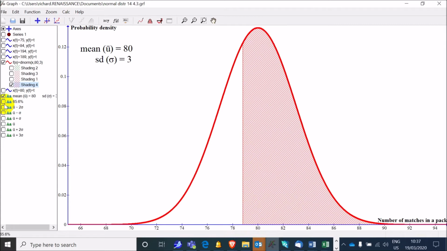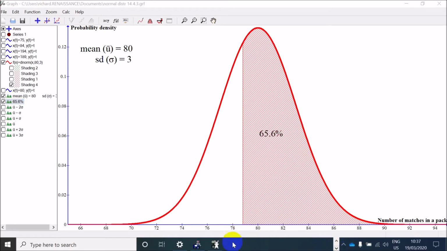But I know that the percentage of this area is 65.6. So the probability that I pick a matchbox from that particular area that is shaded is 0.656. And I would like to calculate, okay, so what is the lower boundary then? So from what number am I picking here?